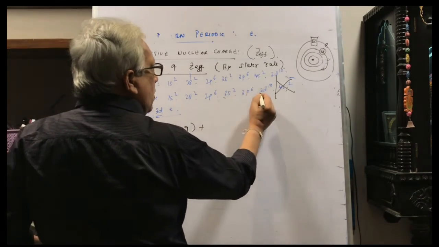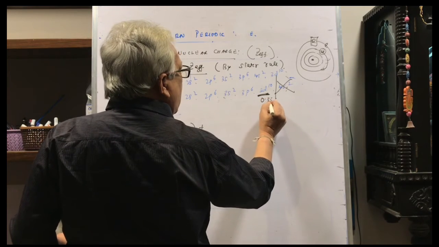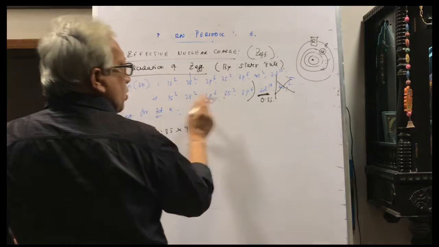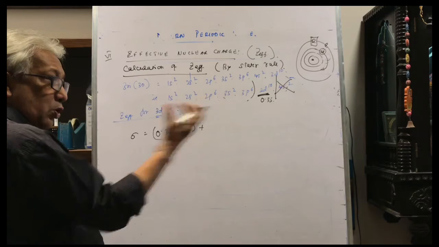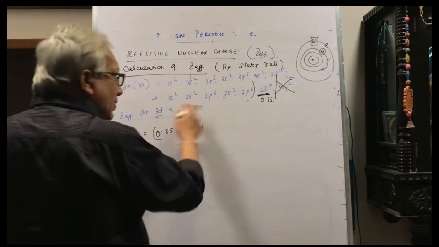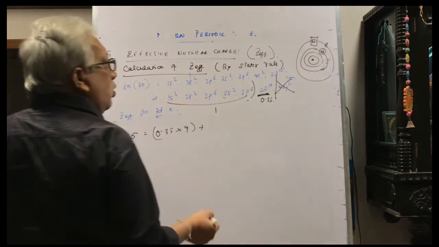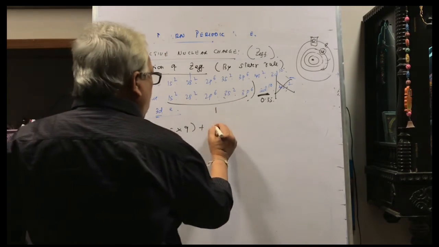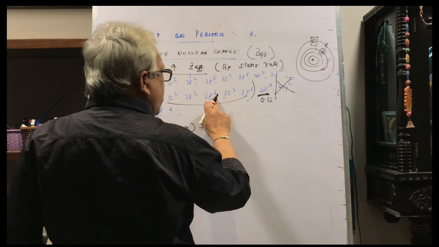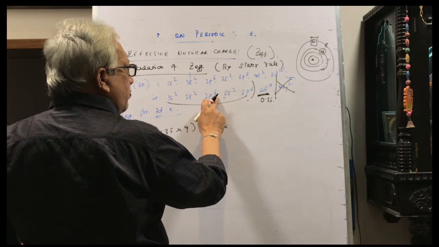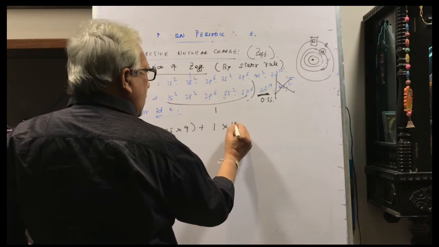The rest of the same category will be 0.35. But all these, although they are in the same shell, are s and p, so their screening effect is more because they are closer to the nucleus. So they all will be contributing 1. So it will be 1 into, just count it, 6 plus 2, 8 plus 6, 14 plus 2, 16 plus 2, 18.